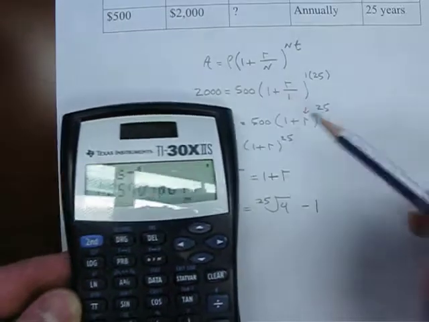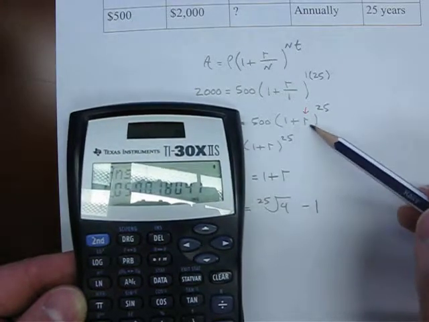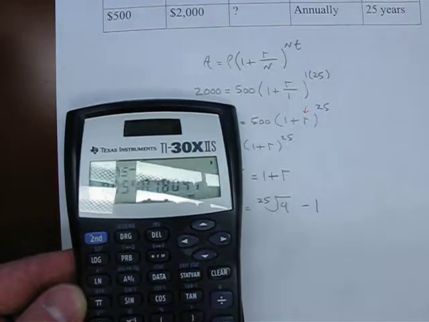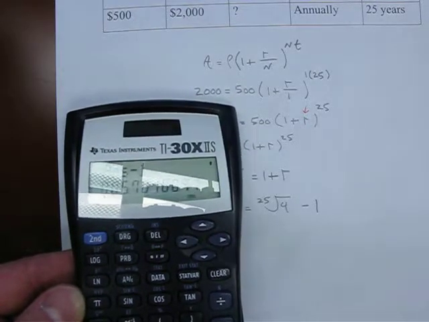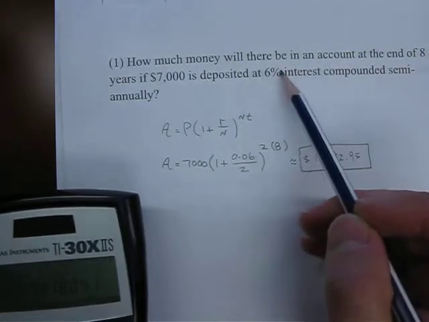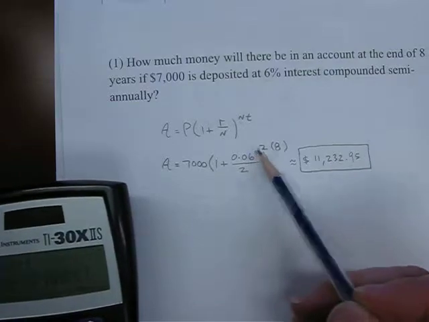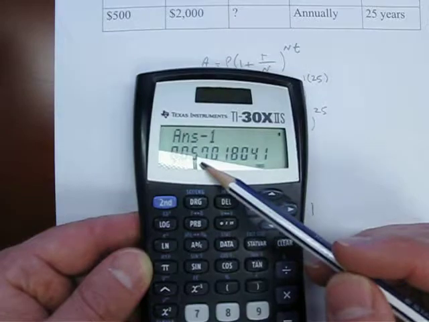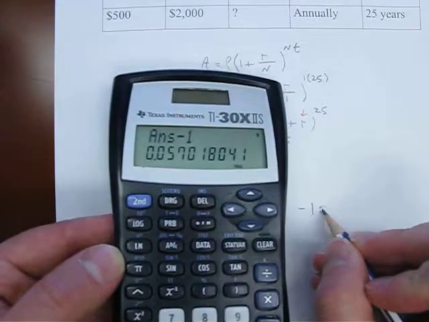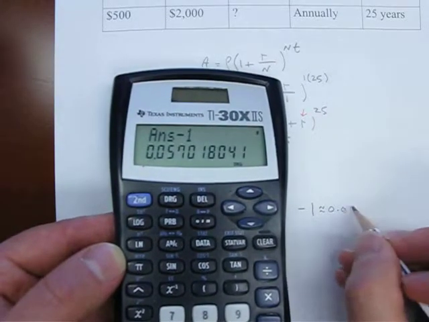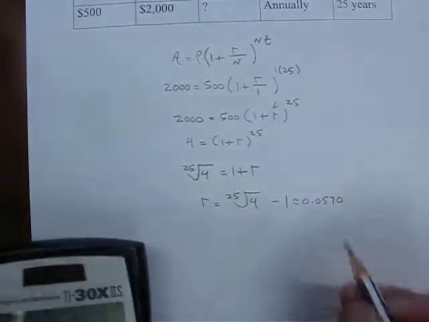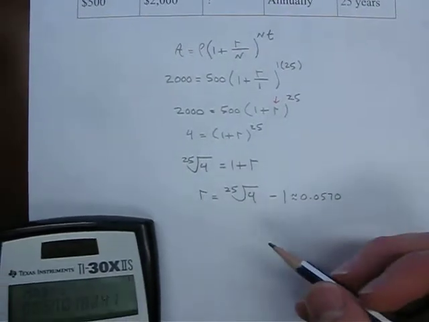That's that decimal number that goes in the formula. Remember how when we did these problems, we might say 6%, but the decimal we use is 0.06. So this is that decimal. I get about 0.0570. But what percent is that if you work backwards?